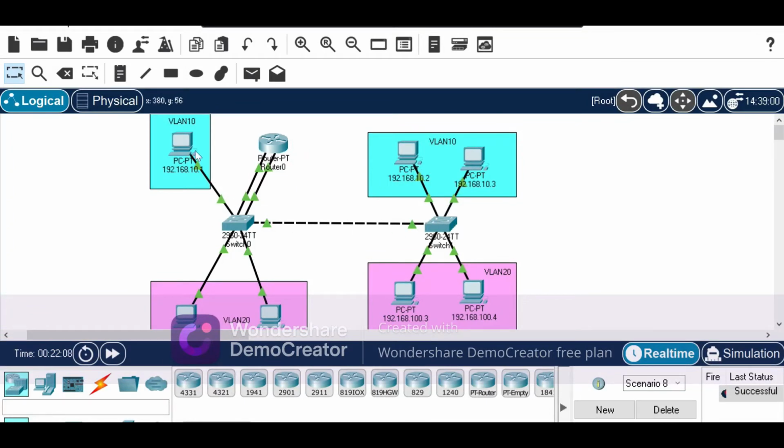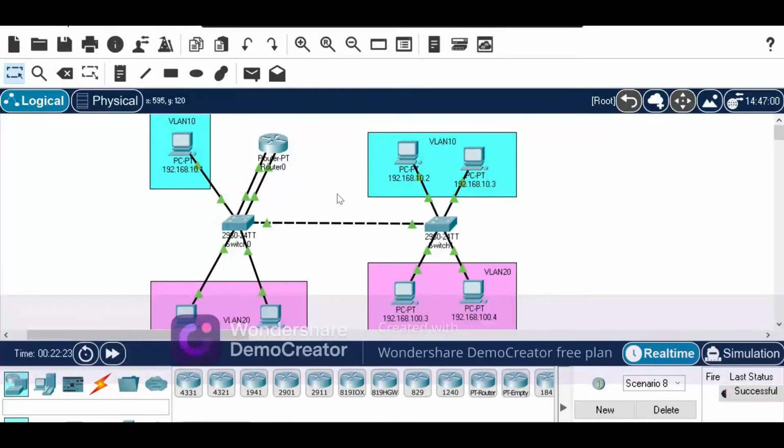In this way we are able to communicate between two computers residing in the same VLAN but connected across different switches.